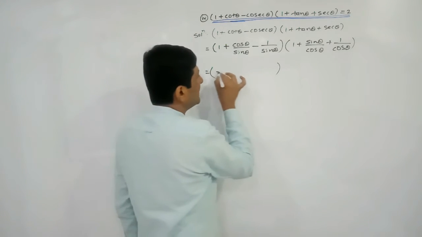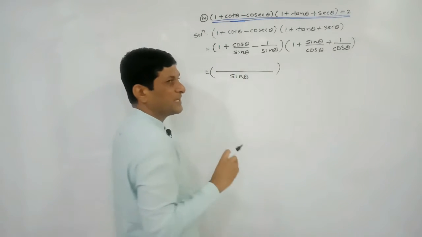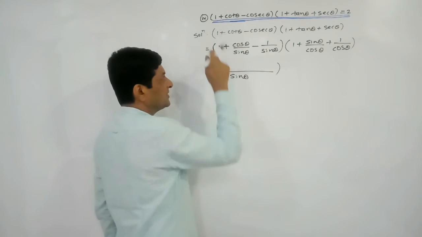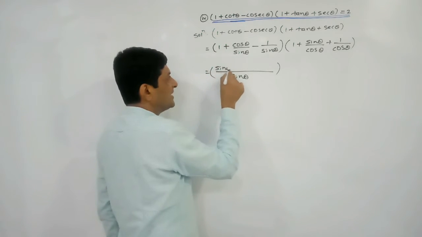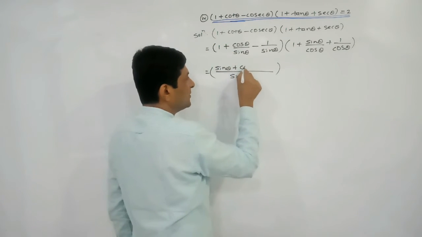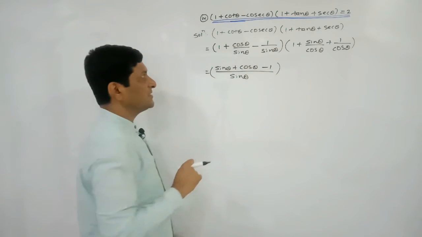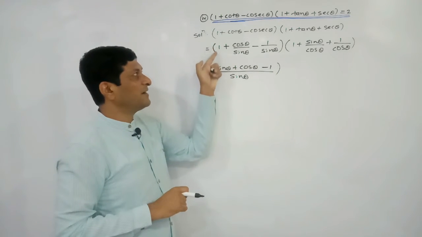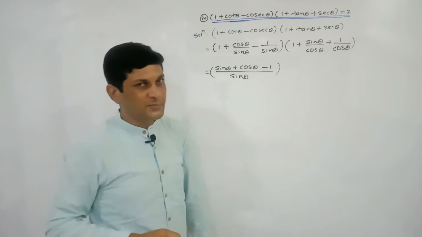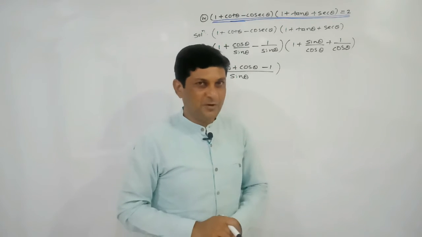So I am multiplying here by sine theta, so that denominator of every term becomes the same. 1 into sine is sine, here already sine is there, not necessary to do any adjustment. Here also sine is there, keep 1 as it is. Just simply here I am multiplying numerator and denominator by sine, so that denominator of all the terms will become same, and if denominator becomes same, we are able to take addition subtraction of numerator.